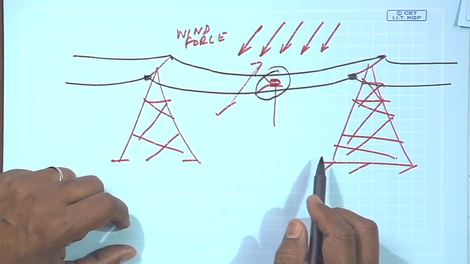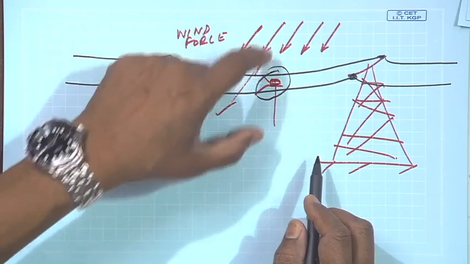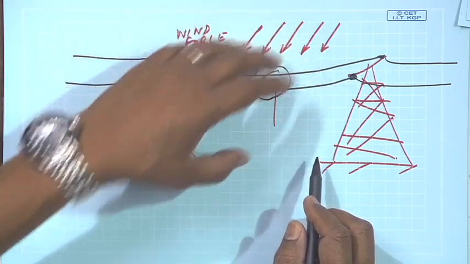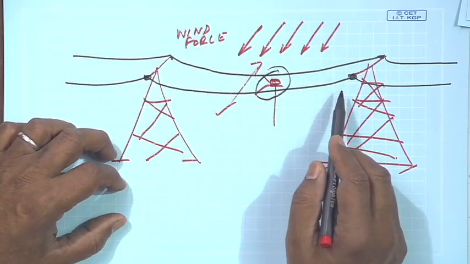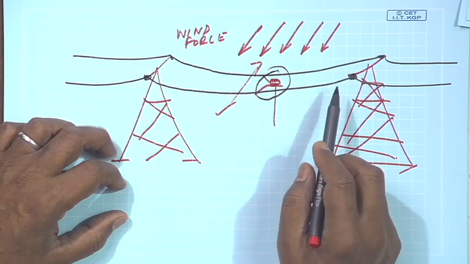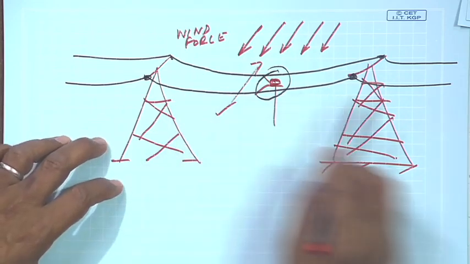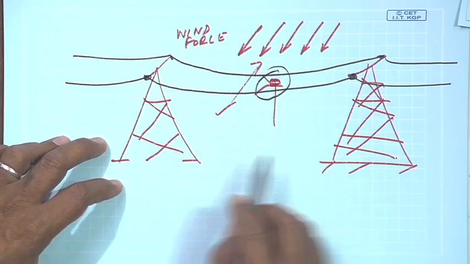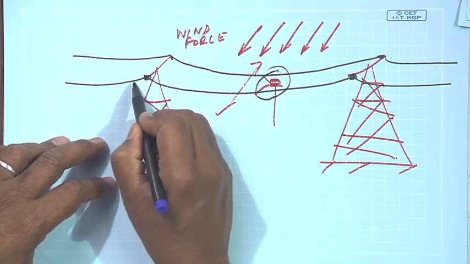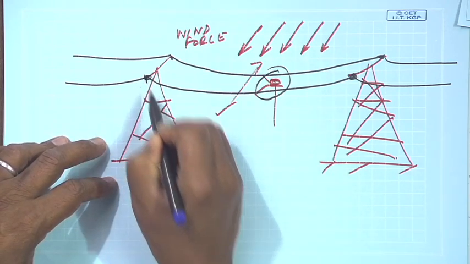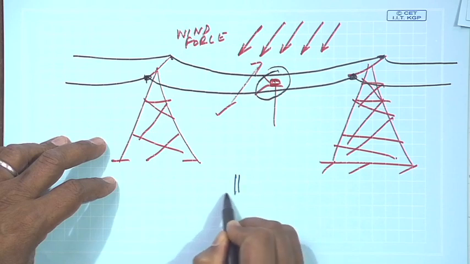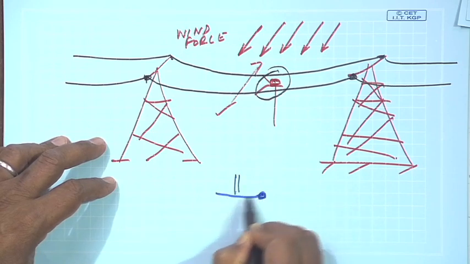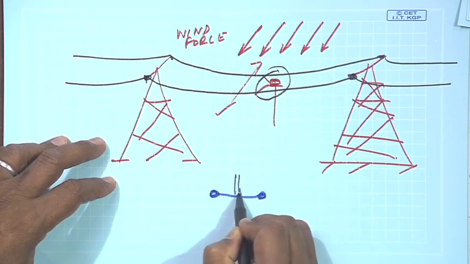So, to prevent these vibrations of these cables because of large oscillations, what one does is use what is known as the stock damper. It looks something like this, and they attach it to these ends like this, kind of a dumbbell. Okay.